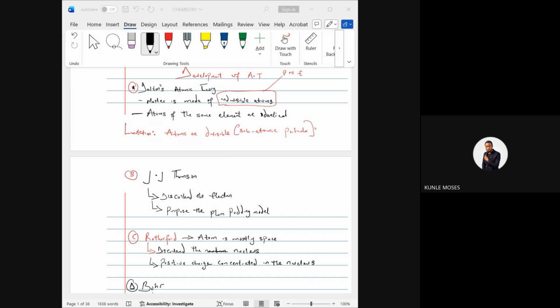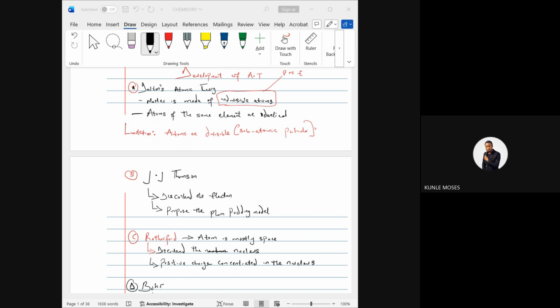Another thing he said is that atoms of the same element are identical. Thank God we've been able to explain the two concepts. Please copy it now within 30 seconds.